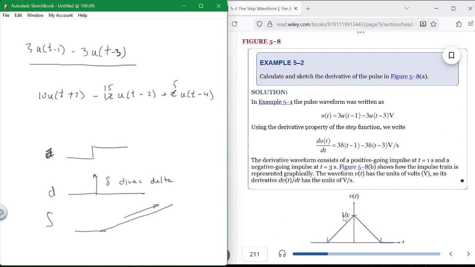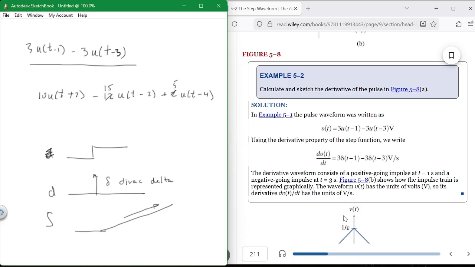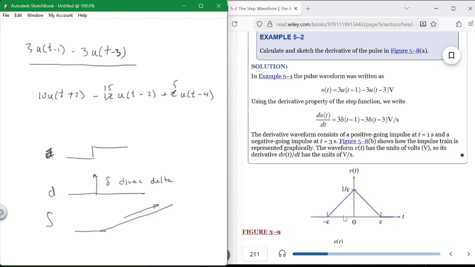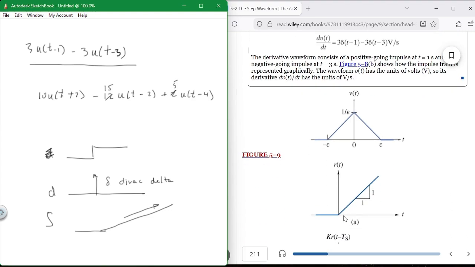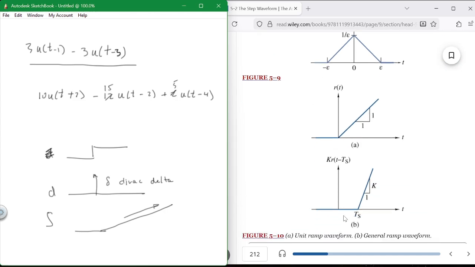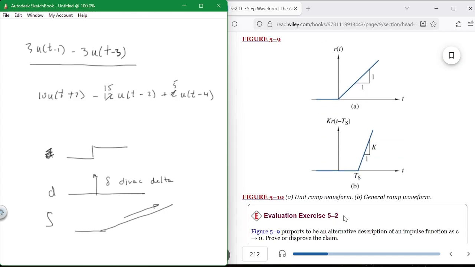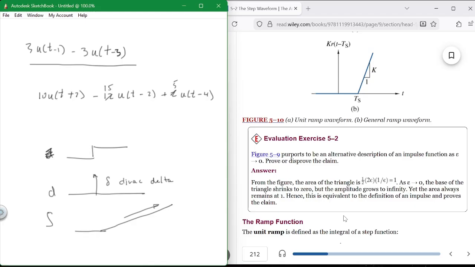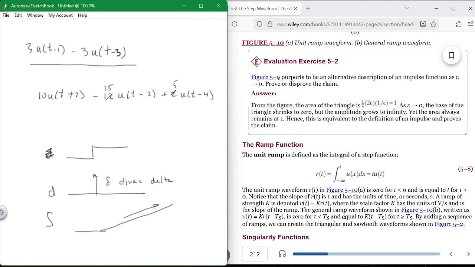And here is a ramp function. This is the t function. This is called the t u of t, okay?